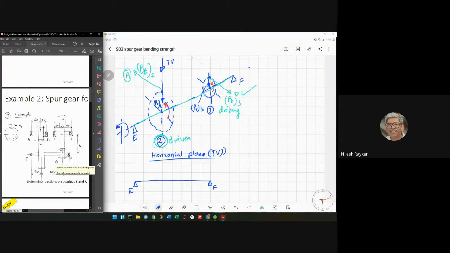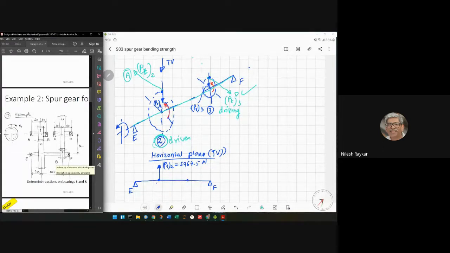In this plane, this is gear number 2. The force is acting in the direction you have drawn in the isometric in the figure above. So this is PT2, which we have calculated as 5967.5 newtons.